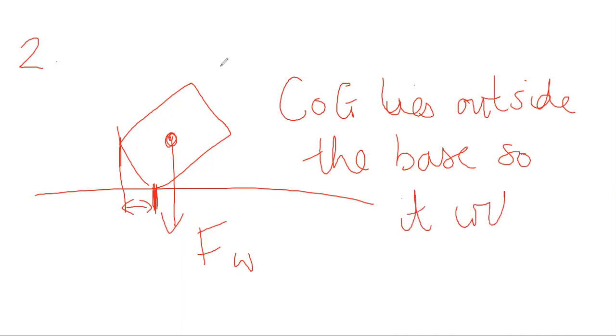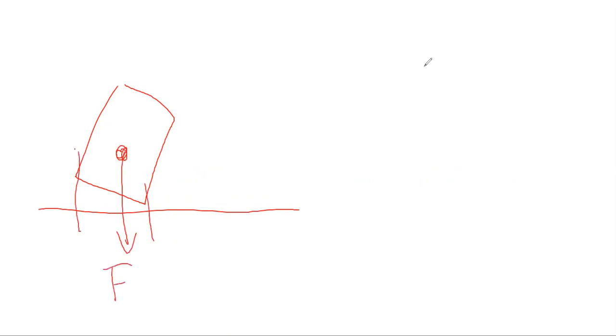It's unstable. The other example, it was inside, like here, it's inside the base here. So this force will make it rotate back towards being stable. So that's why that one's stable. Okay, question 3.